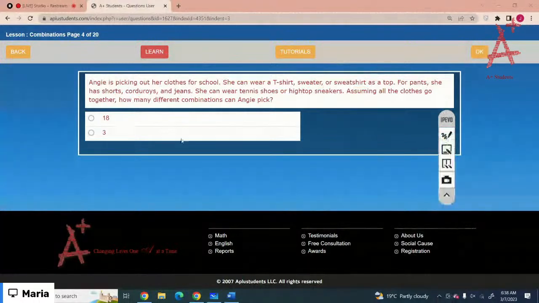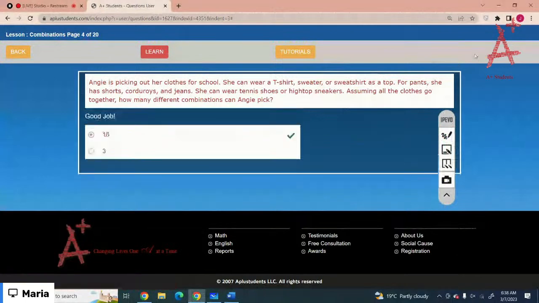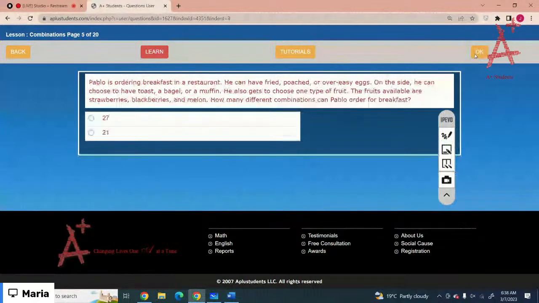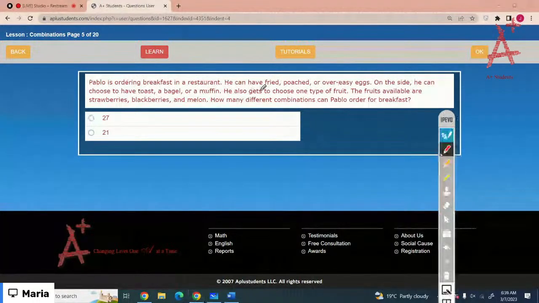Got it, everyone? Okay, the next one is Pablo is ordering breakfast in a restaurant. He has fried, poached, and over easy eggs. Three options for the eggs. On the side, he can choose toast, a bagel, or a muffin. Three options for this.